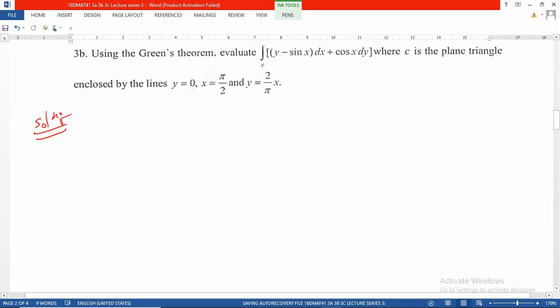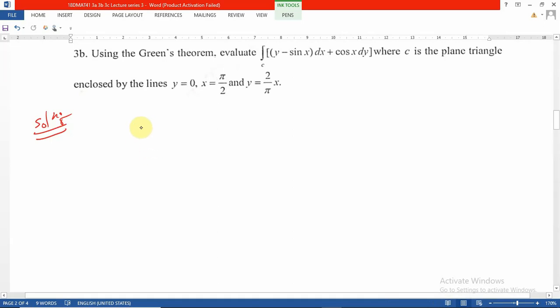One thing is very simple, that is integration m dx plus n dy. Please remember the integration m dx plus n dy. So let me write that formula. You should always remember the formula, friends, immediately. Whenever you come across Green's theorem, the formula and definition I already discussed in the previous video lecture. If you want, you can go and watch that.